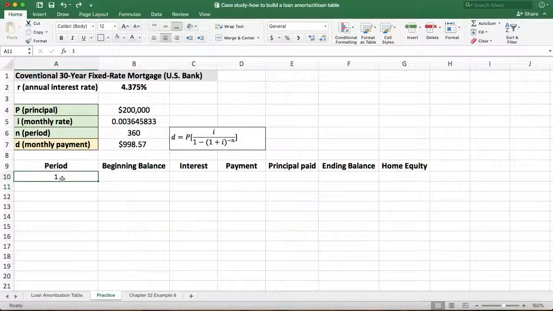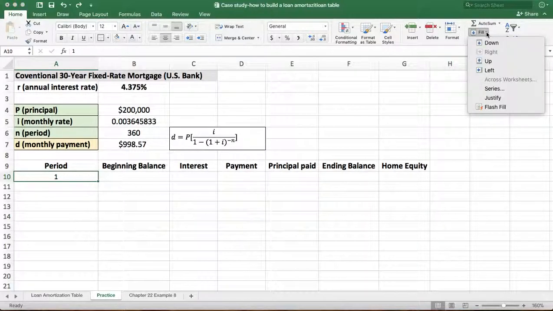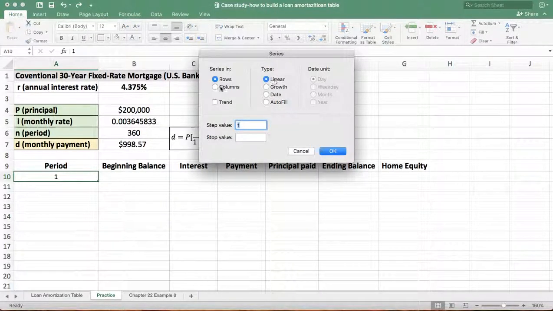We just need to type 1 here and click Home and go to the Fill tab here and click it and look at Series. Click this one and we need the series in column because we want to fill the column.